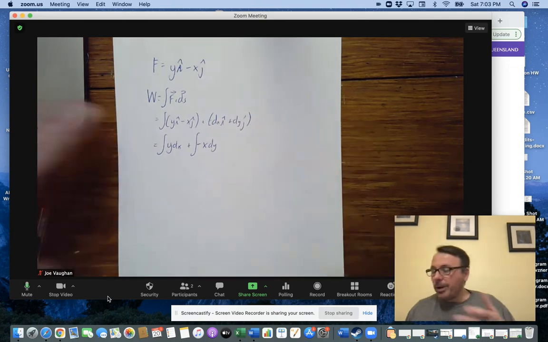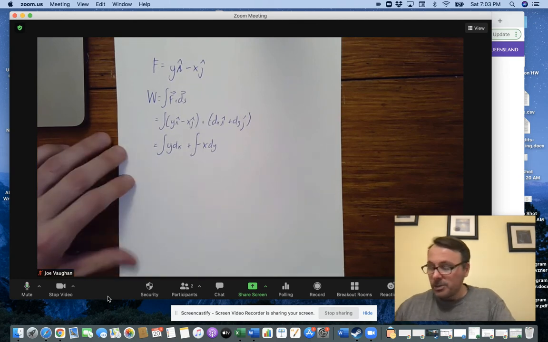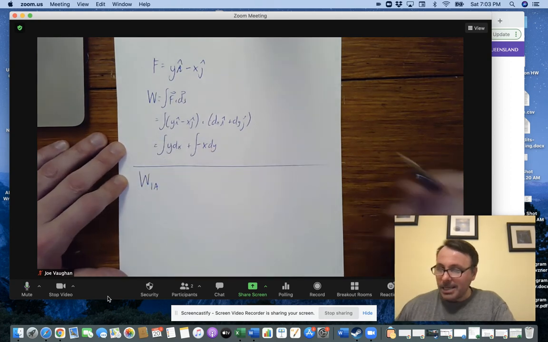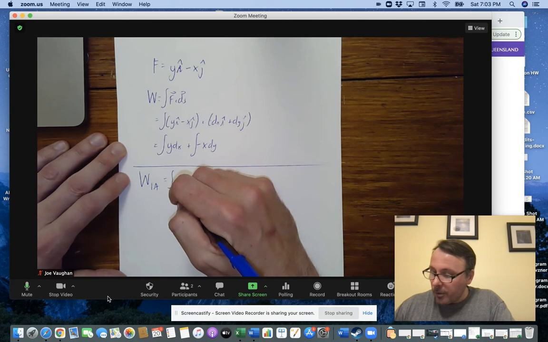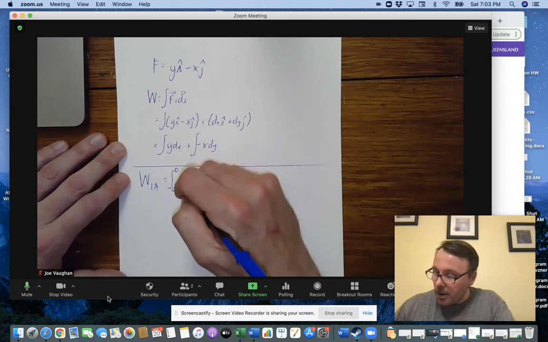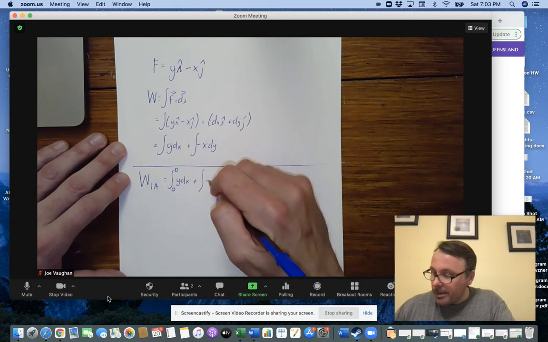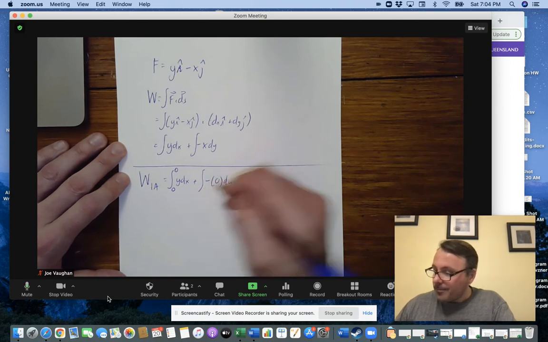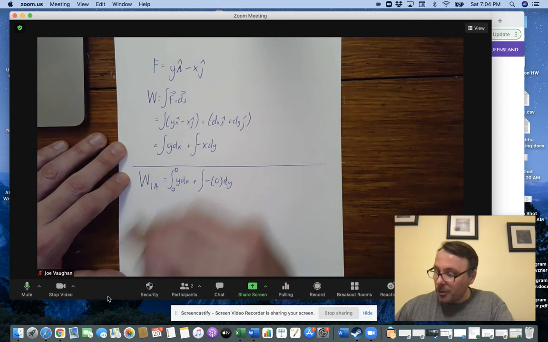Okay, now the great thing here is that we're going to be able to steal quite a bit of the work that we did before because it's structurally very similar, because we're going to do the same paths. So work along path 1a. Once again, I need to slow down here.